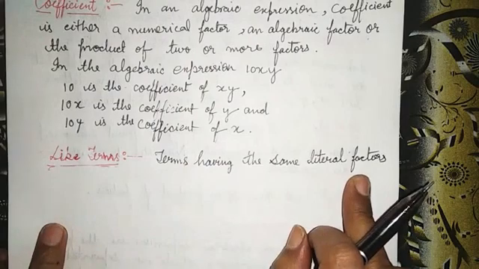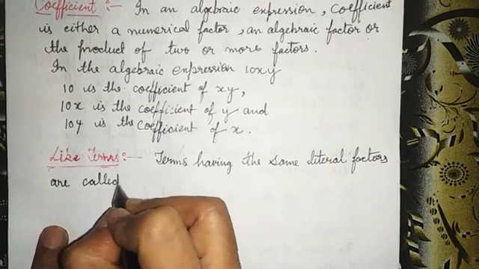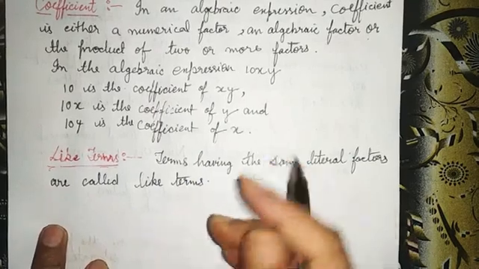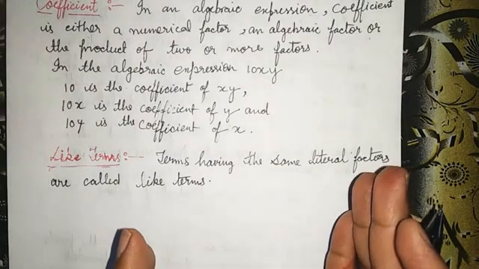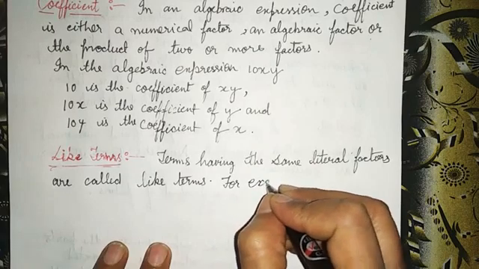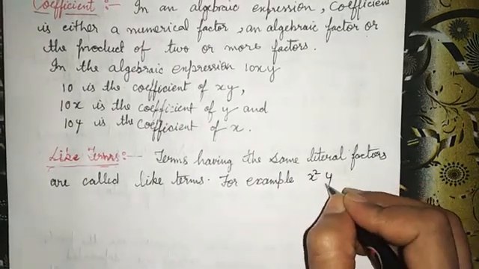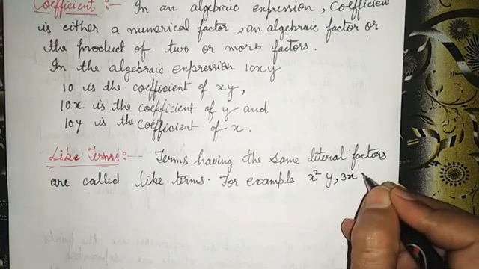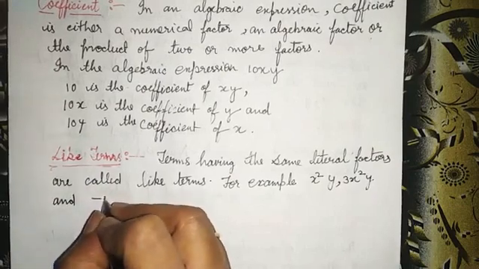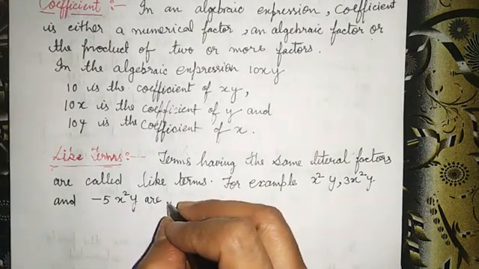For example, x square y, 3x square y, and minus 5x square y are like terms.